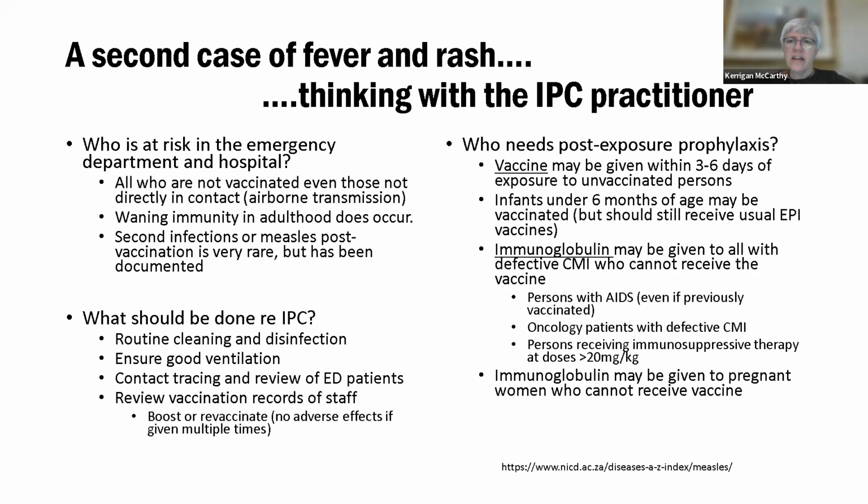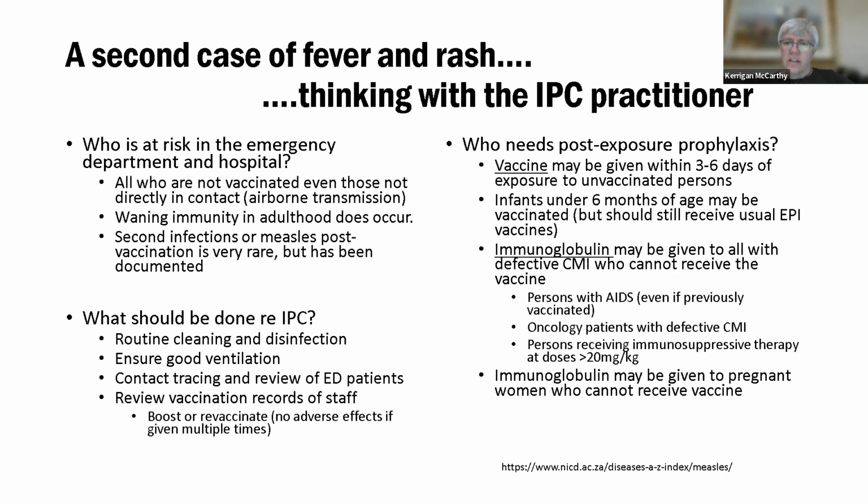Infants under the age of 6 months should be vaccinated for measles, but then they should still receive their usual EPI vaccines. The reason for this is that infants under 6 months of age still have maternal antibodies, and they are not vaccinated routinely because of the interference between maternal antibodies and vaccination.